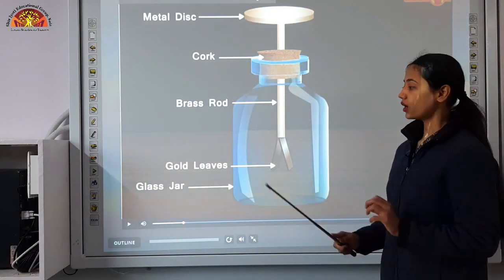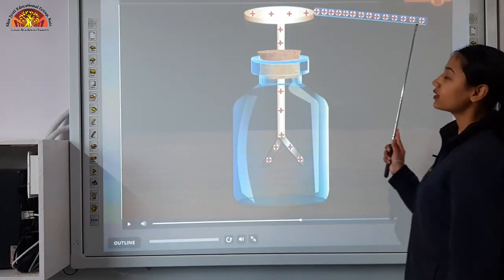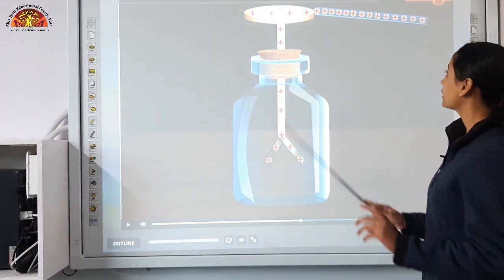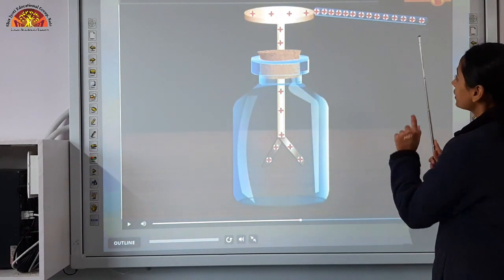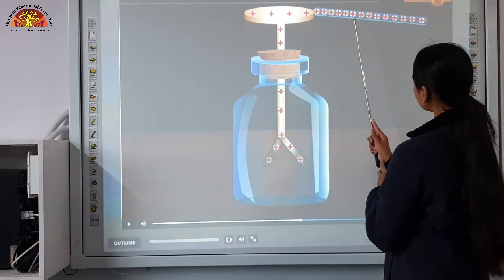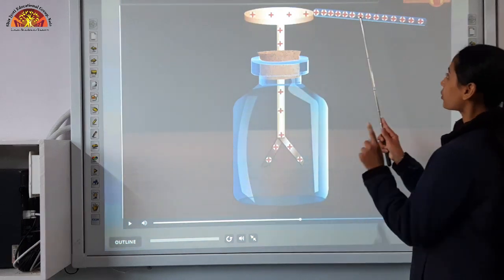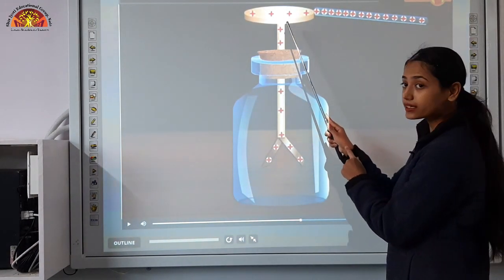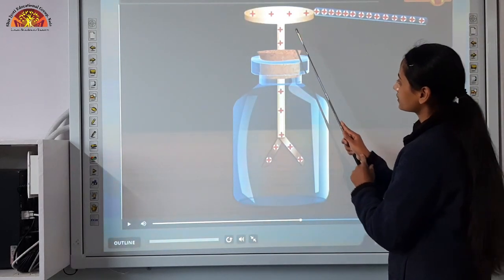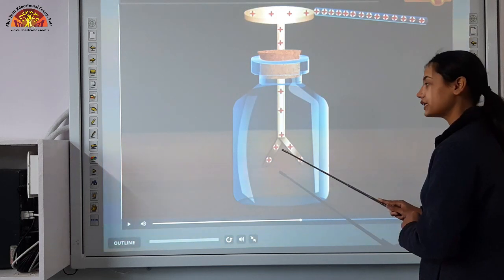Now what we will do is bring a body near this electroscope. We don't know whether this body is charged or uncharged. Now when we touch this rod with this metal disc, if this body is charged, then there will be a transfer of charges from this rod to this metal disc, and through this metal disc and brass rod, it will transfer to the gold leaves.